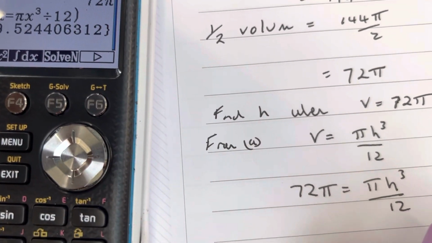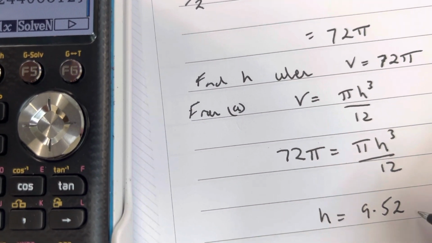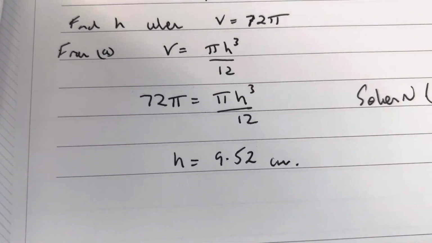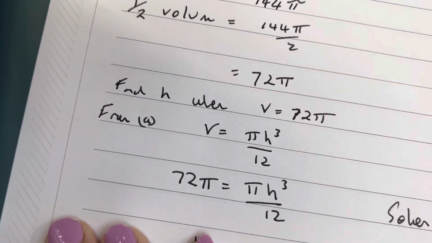And it gives me h equals 9.52 centimetres. So that's the height when the volume is at half capacity.